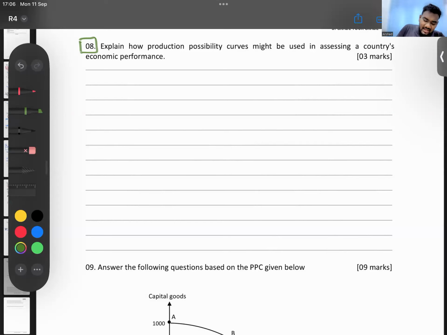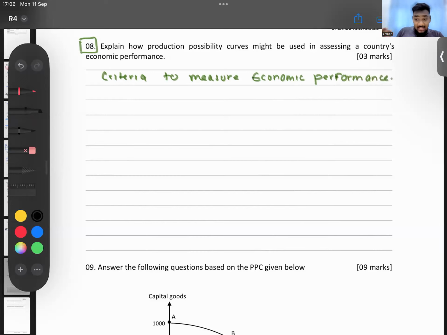For example, maybe you have got good school term marks, maybe you have got a good job. There are certain criteria, right? So that's what I'm asking. What are the criteria to measure economic performance? Then how does the PPC help with that?